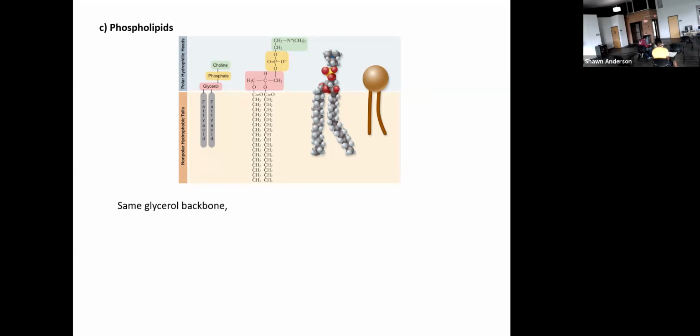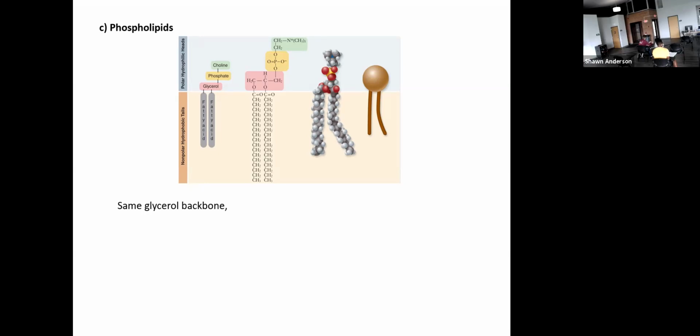All single bonds, some double bonds. Then we moved on to triglycerides. The backbone of this molecule is a glycerol. We add 3 fatty acids to it. Its function as a triglyceride is to store energy. The function of the fatty acid released from a triglyceride is for energy.